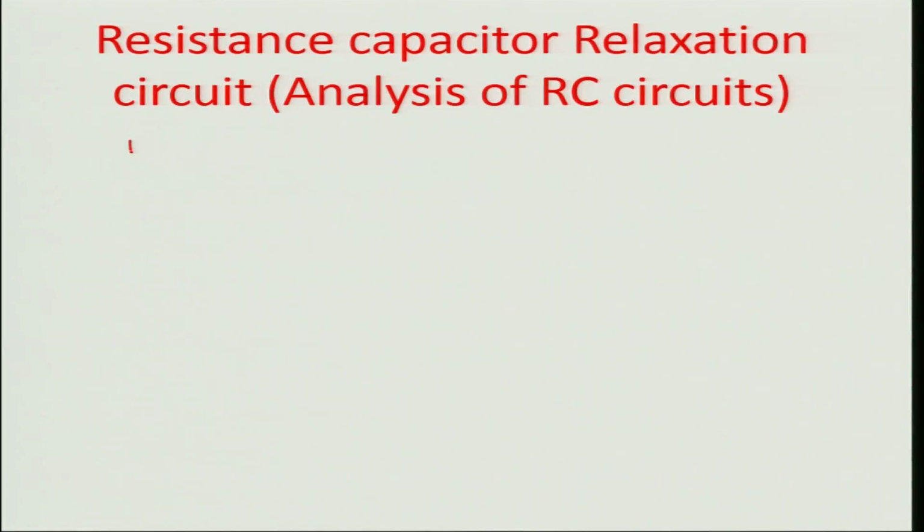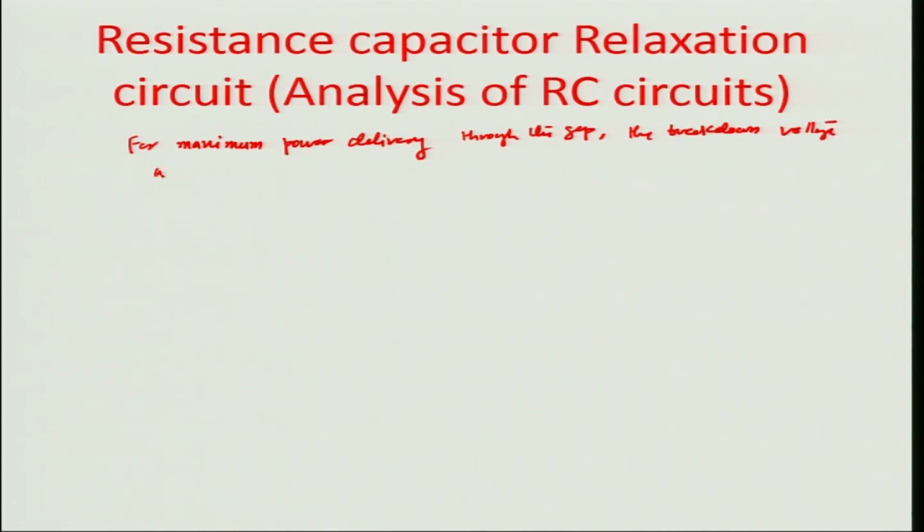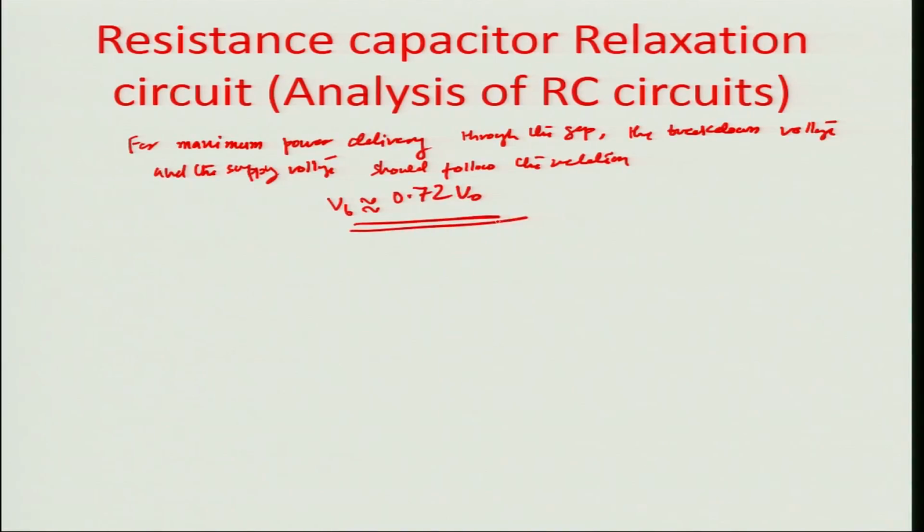So for maximum power delivery through the gap, the breakdown voltage and the supply voltage should follow the relationship VB approximately equal to 72% of V0.